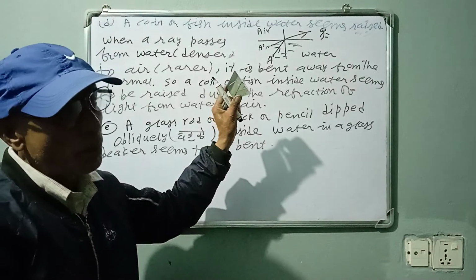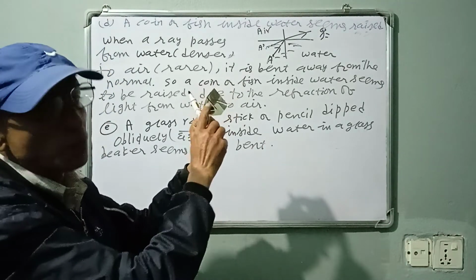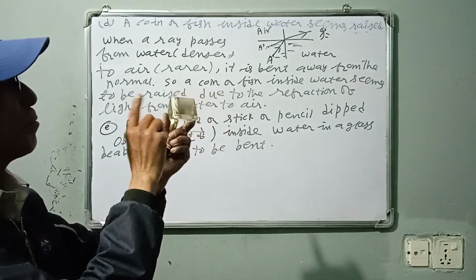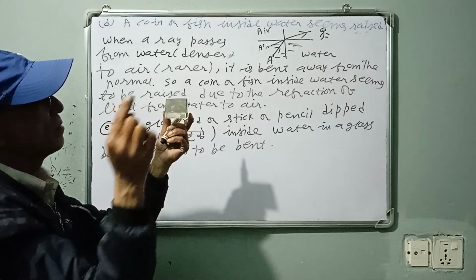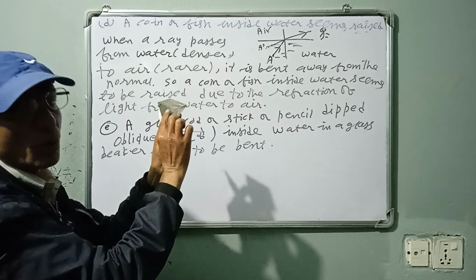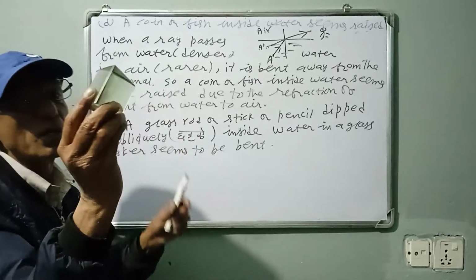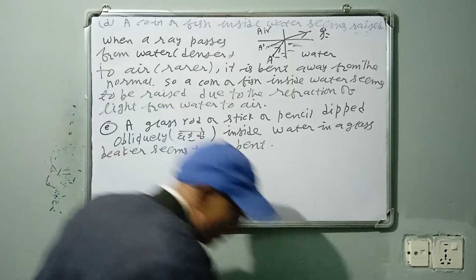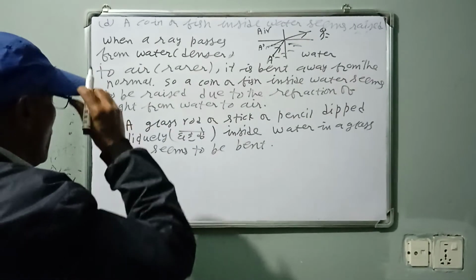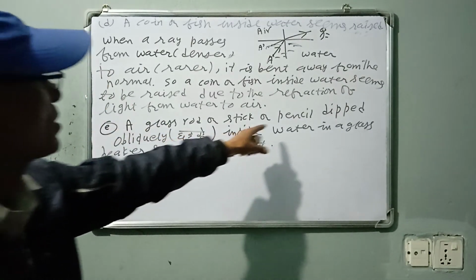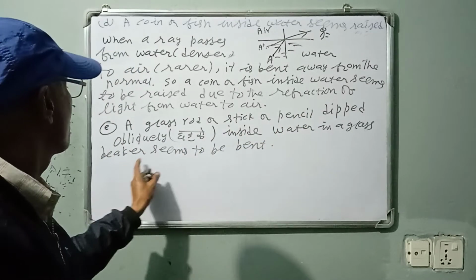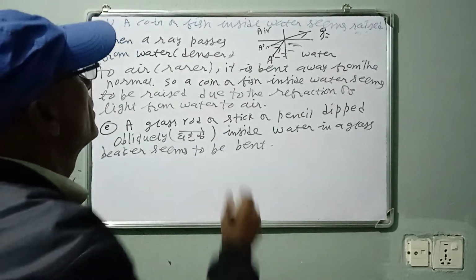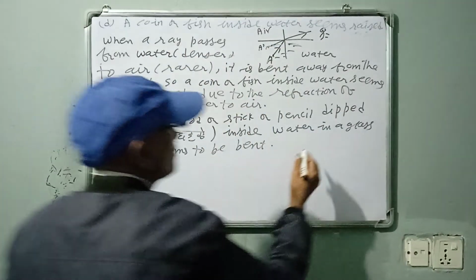It is used for the dispersion of light. So dispersion is the splitting of white light into 7 colors. अर्थात् यहाँबाट सनलाइट पठायो भने 7 कलरमा ब्रेक हुन्छ, स्प्लिट हुन्छ, जसलाई हामी स्पेक्ट्रम भन्छौँ. त्यो पछि नै आउँछ. A glass rod or stick or pencil dipped obliquely inside water in a glass beaker seems to be bent. Same figure, similar figure.